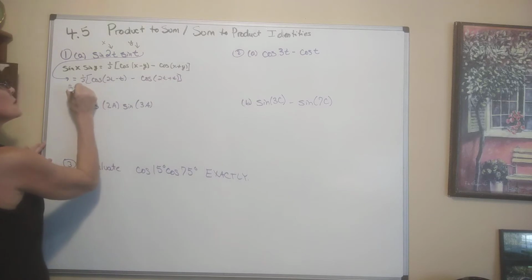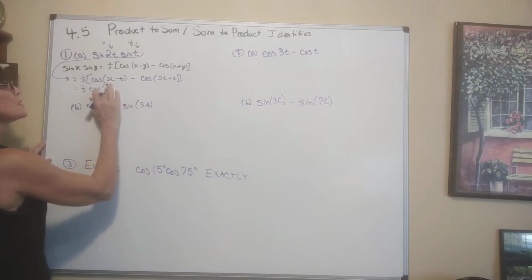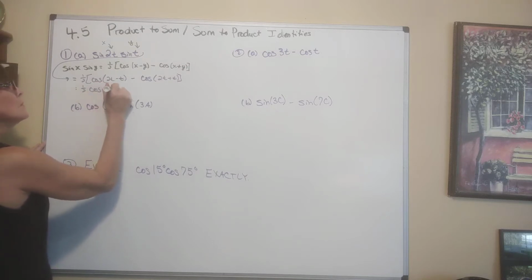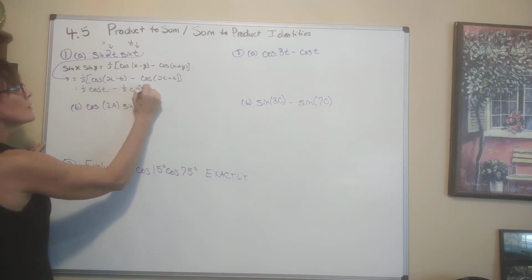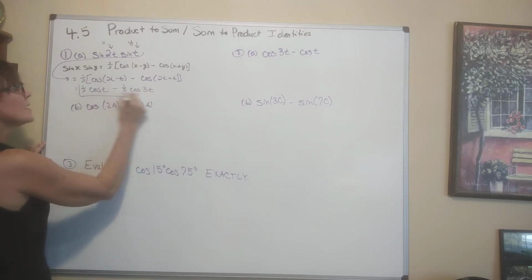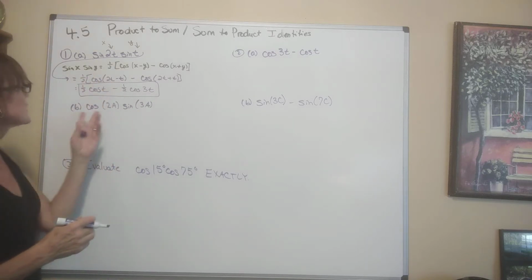All right, so this is equal to 1/2 times the cosine of 2t minus t, which is just t, minus, if I distribute the 1/2, 1/2 the cosine of 3t. And that is the whole answer right there. Let's go on to this one.